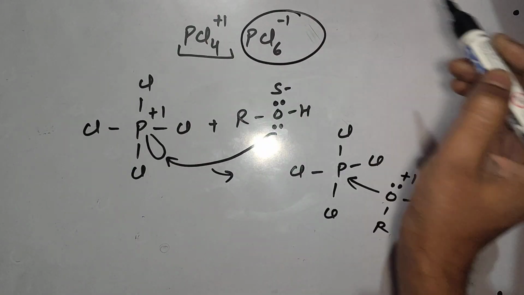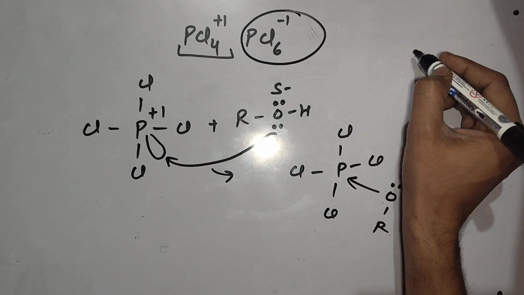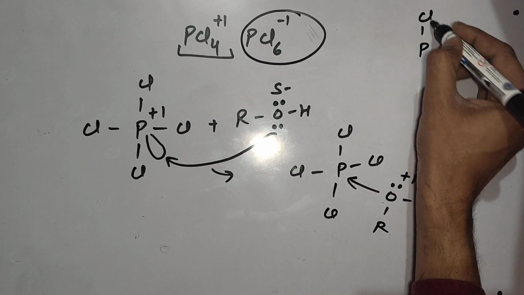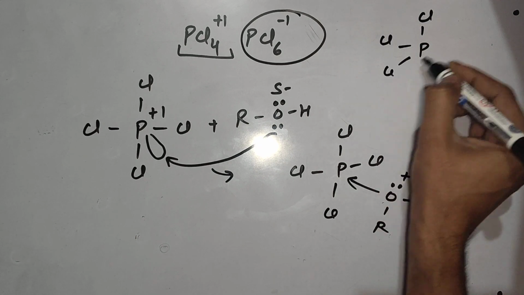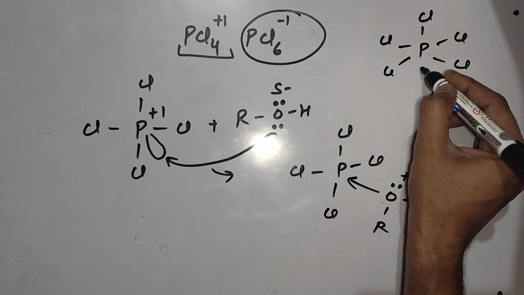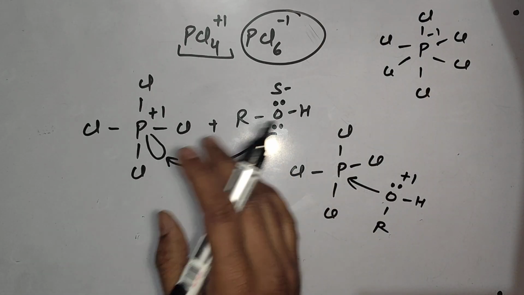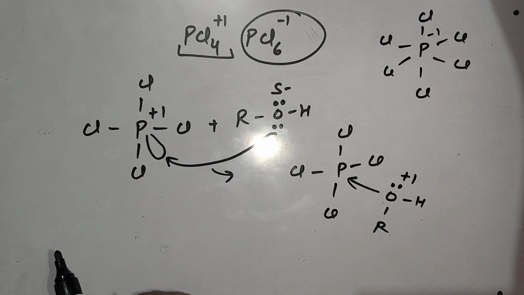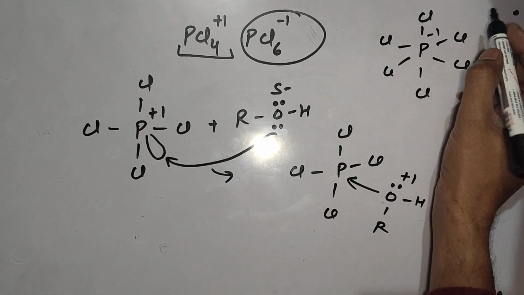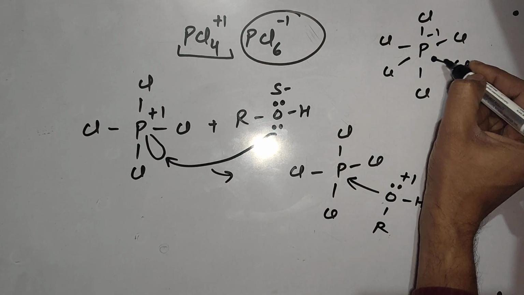Now here we will have a role of PCl6 negative. PCl6 negative is also an unstable particle because it is a charged particle. Negative charge is over there on P. So what will happen?